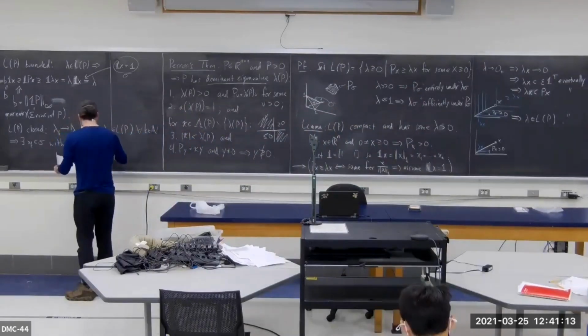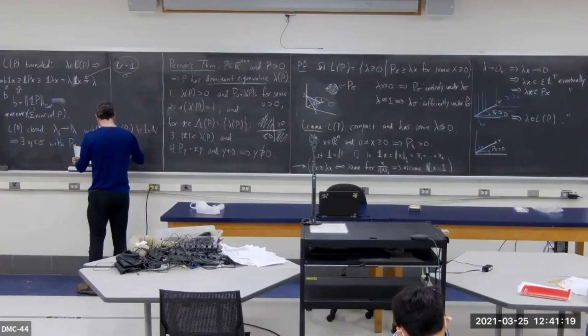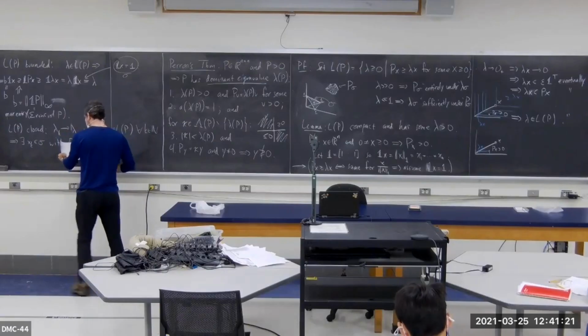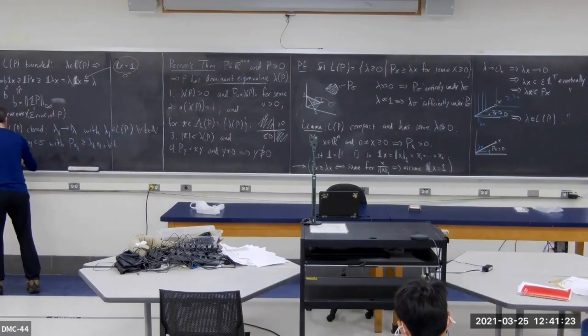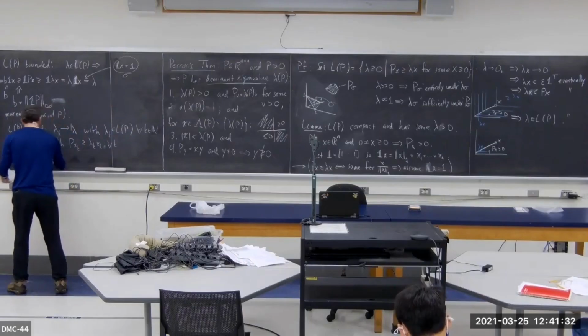Okay, and that's going to be true for all k. So now, if we look at the xk's, such that k is in N, this has a convergent subsequence.